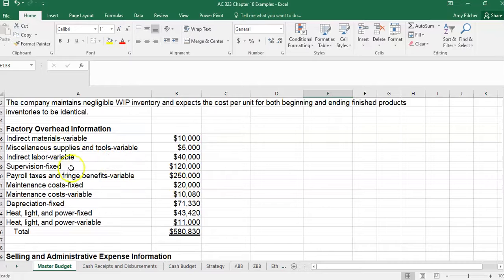So we have a variety of overhead expenses here, and we need to separate those out into what is our total, our variable amount and our fixed amounts.